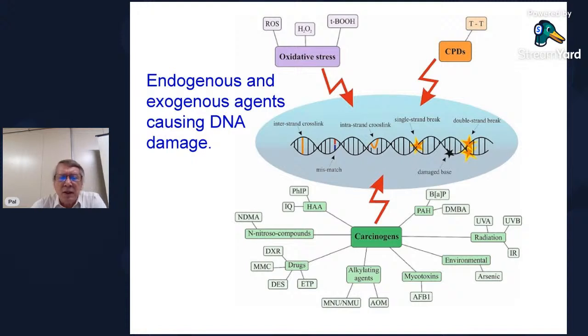Among the carcinogens, there are plenty of alkylating agents, and some mycotoxins like aflatoxin B1, which is the most toxic mycotoxin. There are some environmental carcinogens like arsenic, which is a very serious issue in particular parts of the world where the rivers and other water flows have a relatively higher arsenic content.